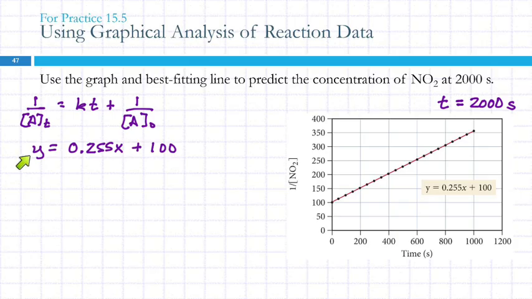So the equation given on the graph corresponds to the integrated rate law. t is x, and y is 1 over the concentration.